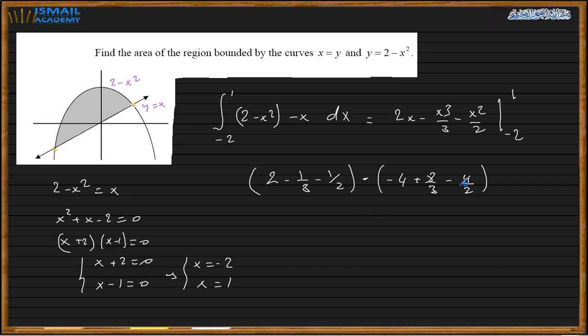So this is 2, let me do it this way, so it's going to be plus 4 minus 8 thirds plus 2, so 4, so it's going to be 8. So it's going to be 8 minus 1/3 minus 8/3 is minus 9/3, which is minus 3. Then we have minus half, so here it is going to be 5 minus half, which is going to be 4.5, and this will be the area of the region.